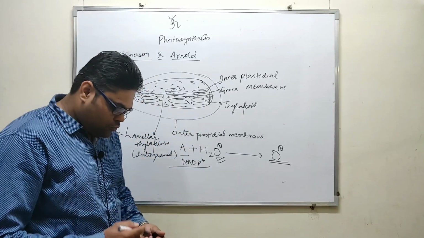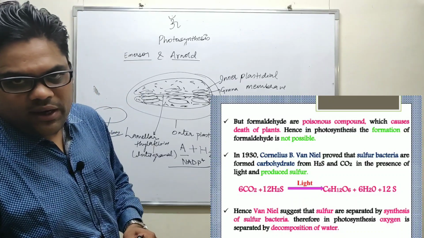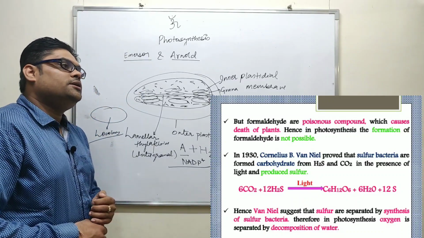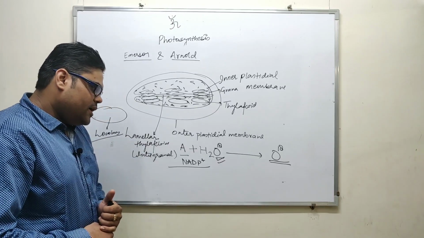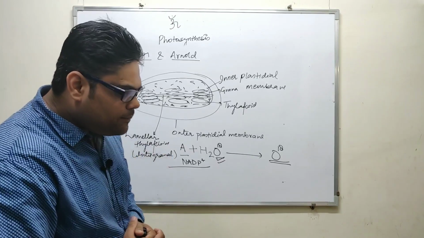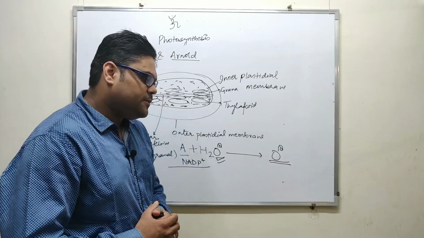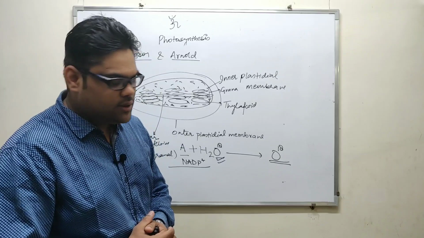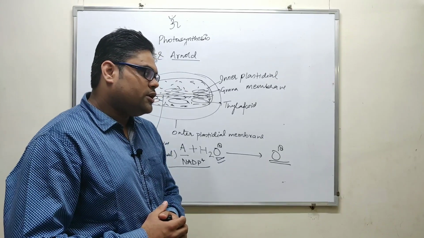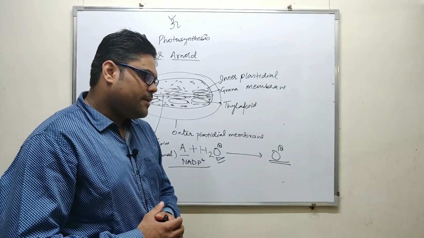Now coming to Van Niel, he proposed that if we take certain proton acceptors and conduct experiments specifically in lower plants.